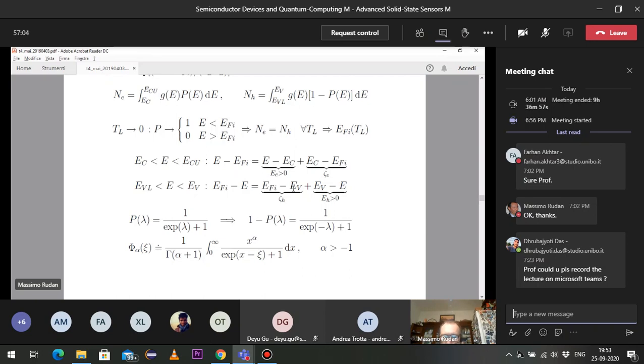Already, actually, we met this symbol when we expanded the E of k function to second order for the valence band. Okay, so E_h is non-negative. The other quantity, E_F minus E_V, is some value z_h that is still unknown because we don't know the position of the Fermi level for the moment.